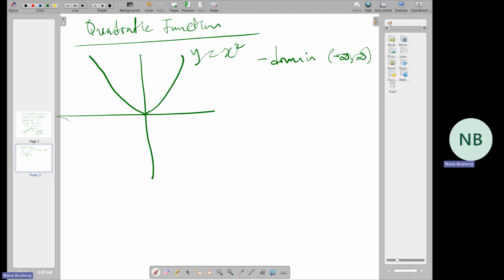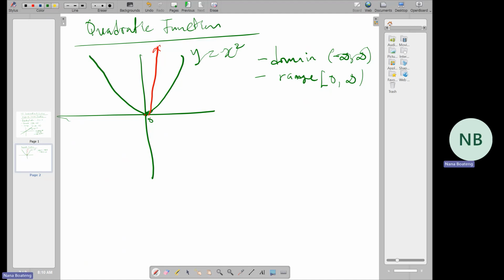Its range: you can see the lowest point it gets to is this point here, which is 0, and it goes all the way up. So its range is from 0 to infinity.